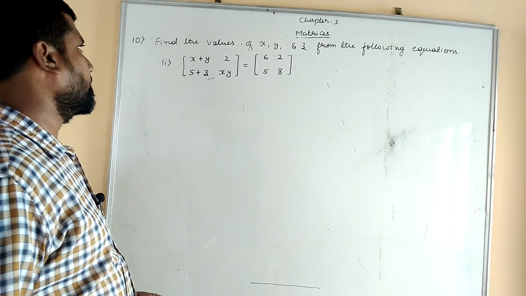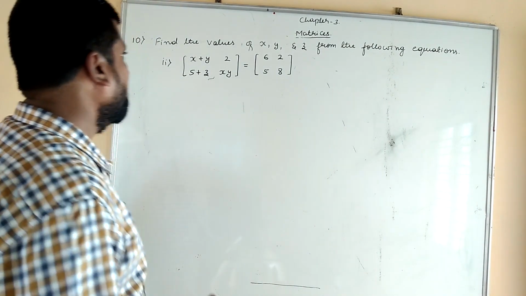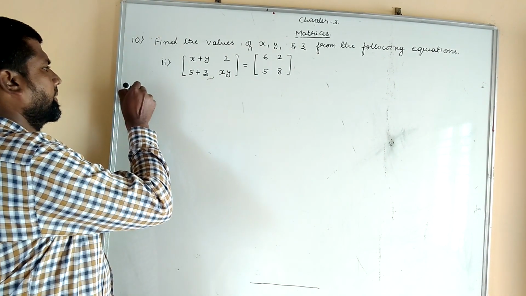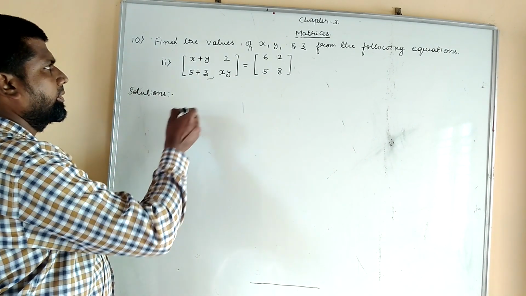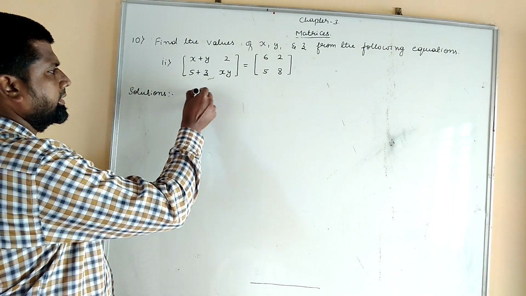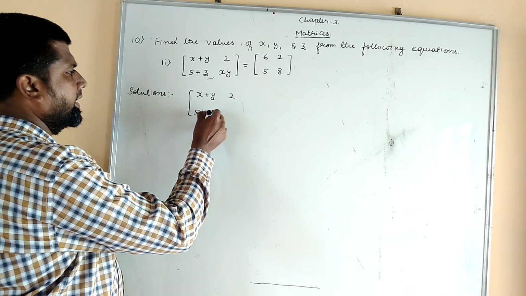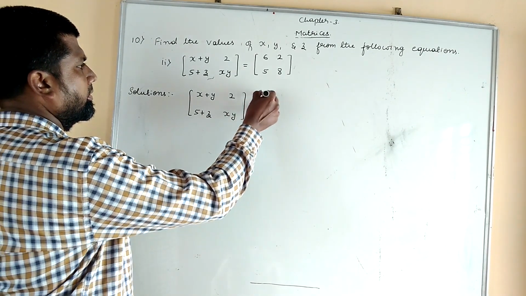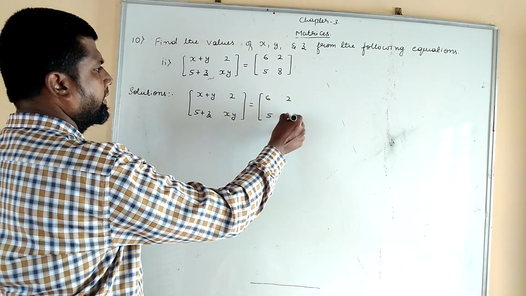In the 10th problem, the sub question is 2. You have to find the x, y, z values. He has given the equality of matrices. Let us write the matrices and equate the corresponding elements. Let us take the matrices x plus y, 2, 5 plus z, xy, that is equal to 6, 2, 5, 8.